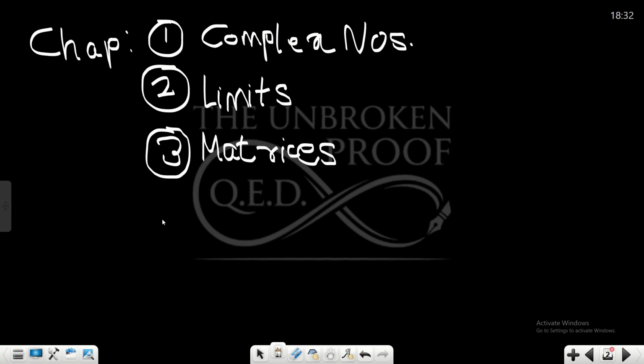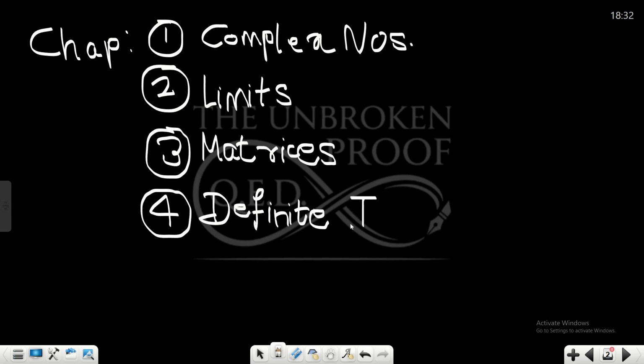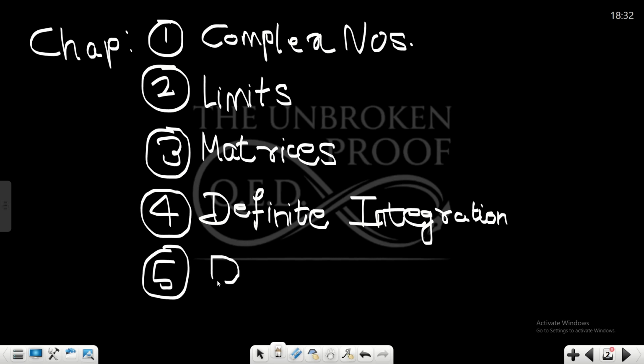Fourth chapter is definite integration. And fifth chapter is basically differential equations.